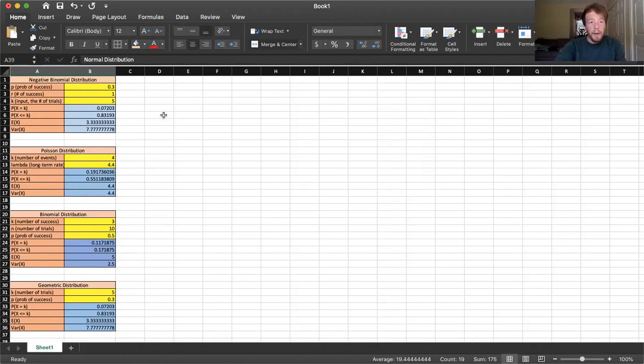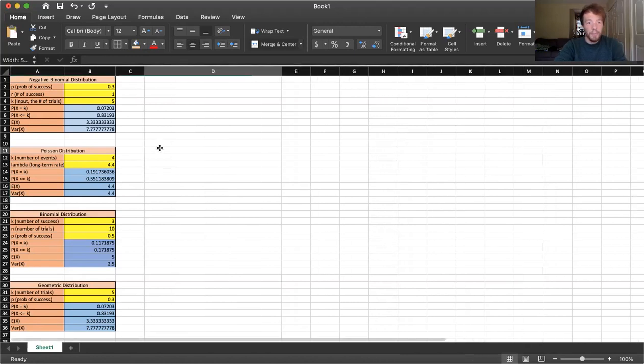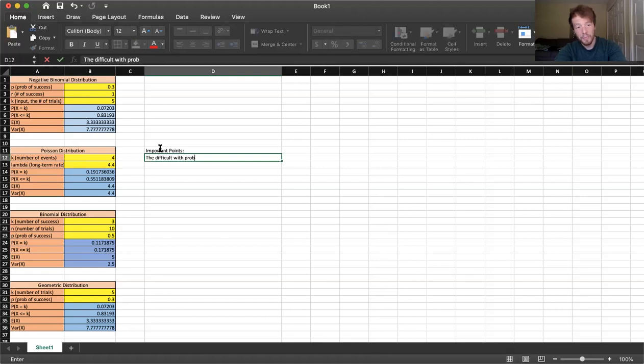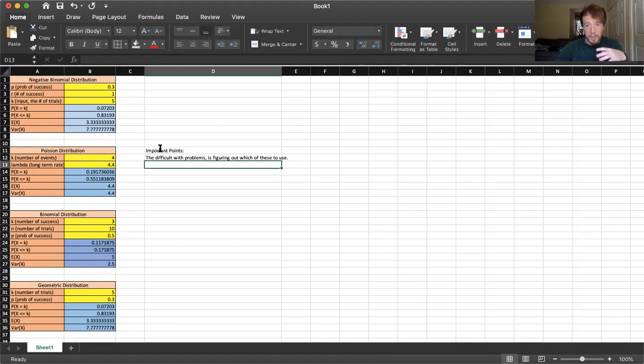Maybe I'll make a few tiny points for you, important points. And that is the difficult thing with problems: figuring out which of these to use. So now that you have these formulae, now that you have these boxes that basically do all your calculations for you, what's really going to be difficult is when you are presented with a problem, you need to determine which of these boxes you need to use.